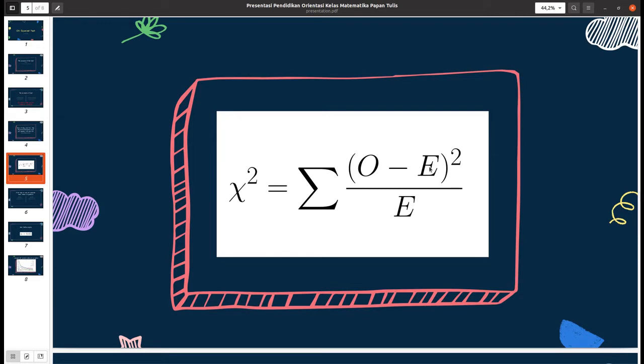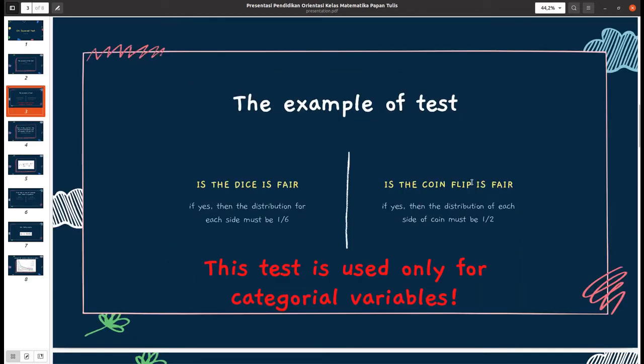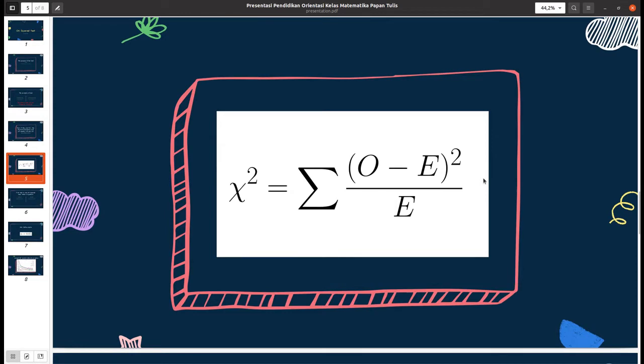And there's a sigma symbol here, so there will be more than one operation. For the dice there will be 6, because there are 6 data.